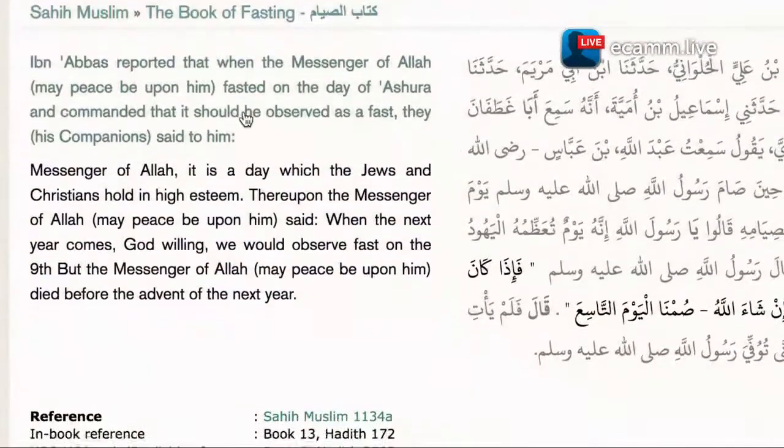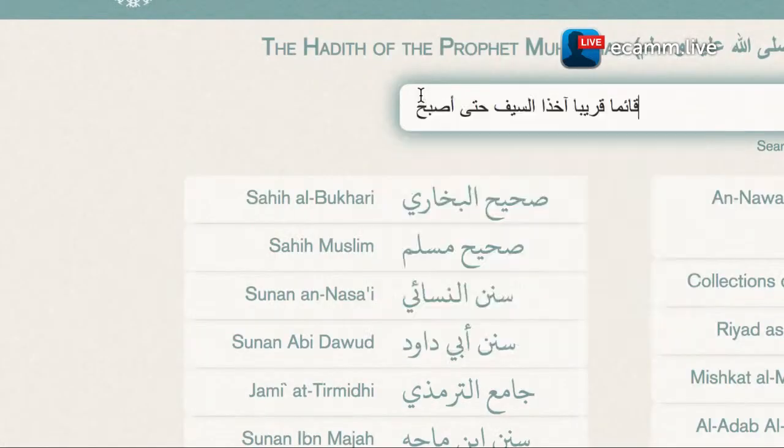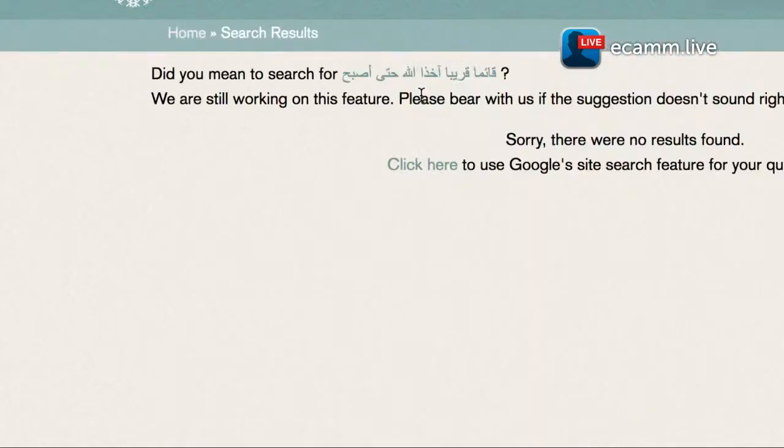Yeah, we are having difficulty finding it. Cannot find in English.